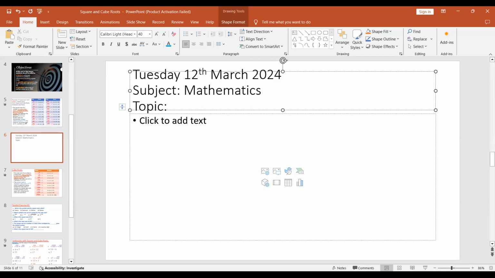We did square roots yesterday, and I'm going to test you on that today. Then we'll look at cube roots, and then arithmetic with roots.